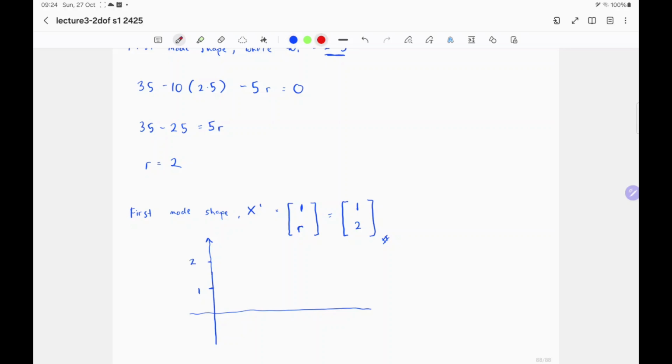The first mode shape starts from 0 to 1, so this is A1, and it goes to 2. So this is A2. This is the first mode shape diagram. So 1 is here and 2 is here.